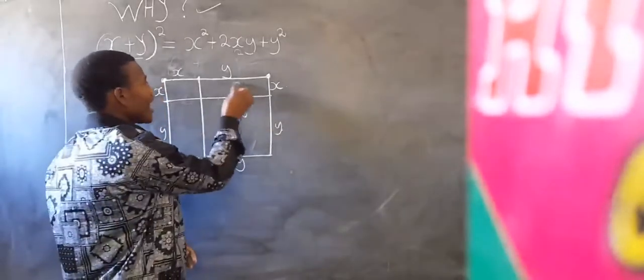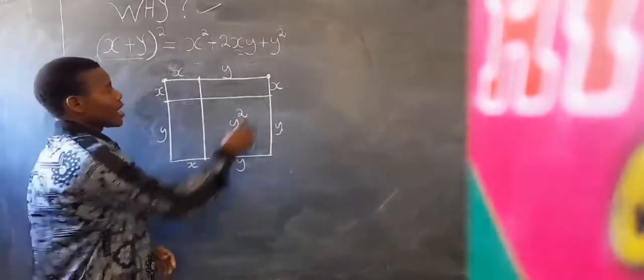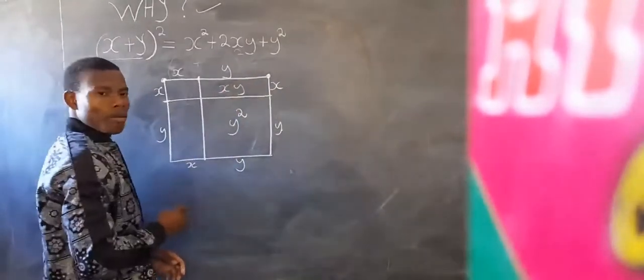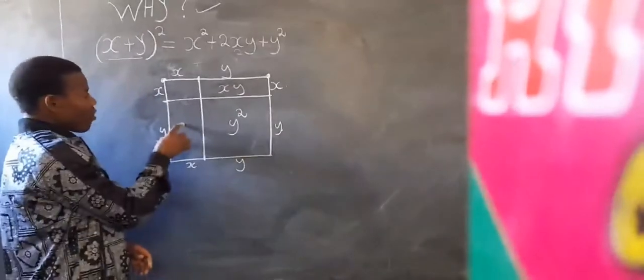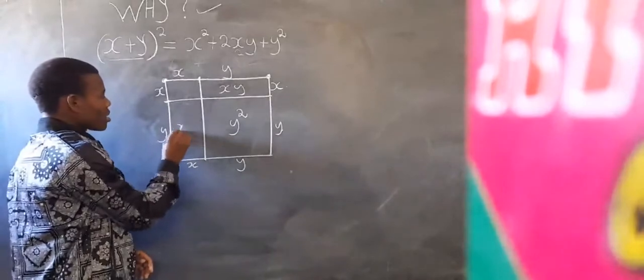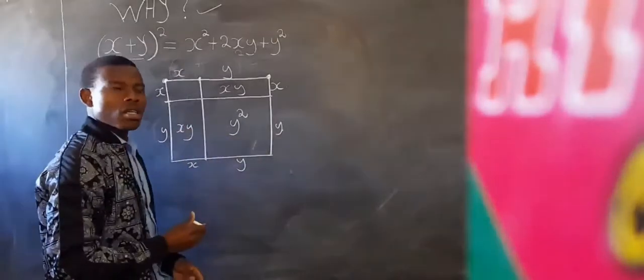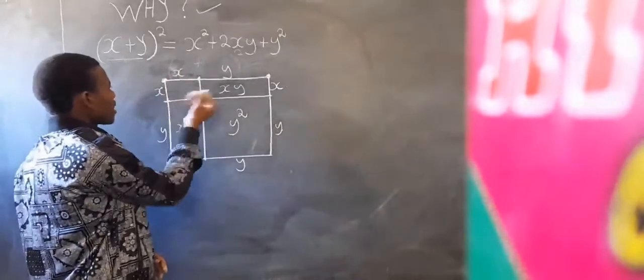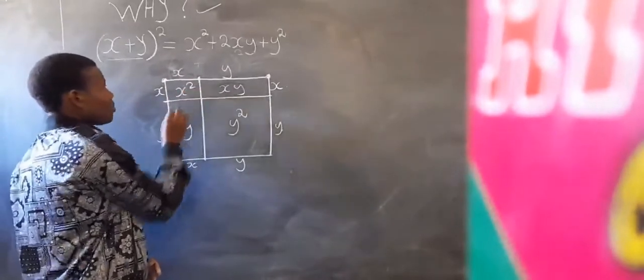The area of this shape is x times y. The area of this one is also x times y. Then of course this one, x times x, is just x squared.